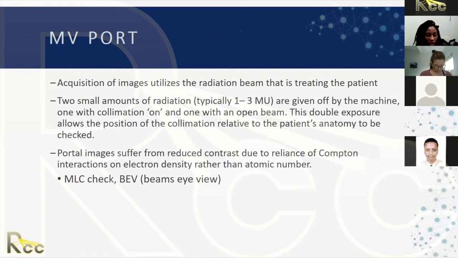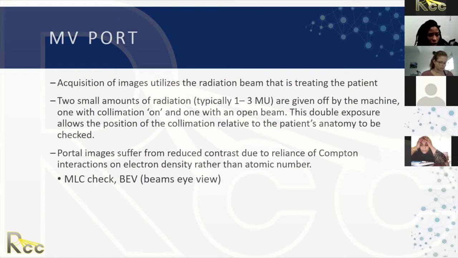Okay, so let's get into some examples of MV ports. Essentially, you're acquiring images using the radiation beam. Because this is using the same radiation beam that you will use to treat the patient, the geometric configuration is typically very, very similar.